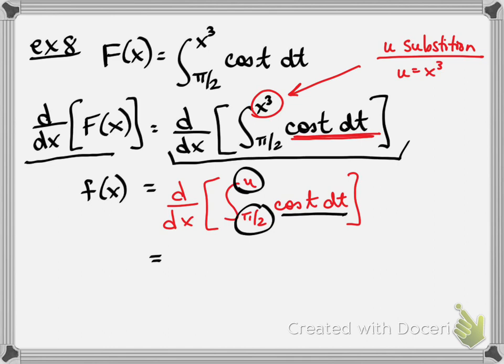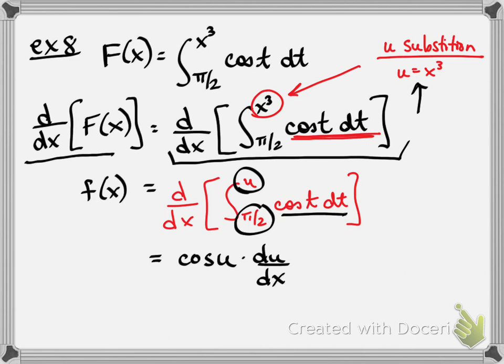The derivative of an integral, we're from a constant to a variable, and my function is a different variable. So it is cosine u, but because we did that u substitution, we've got to do times du dx. Okay? So now we'll go back up here to our u substitution.